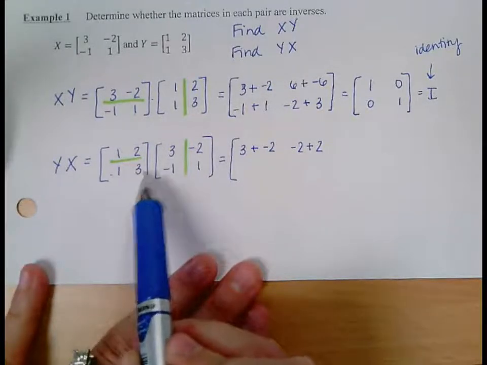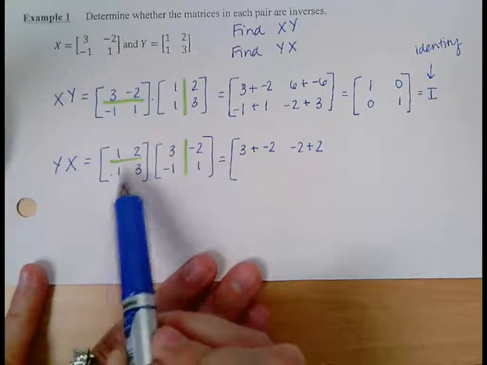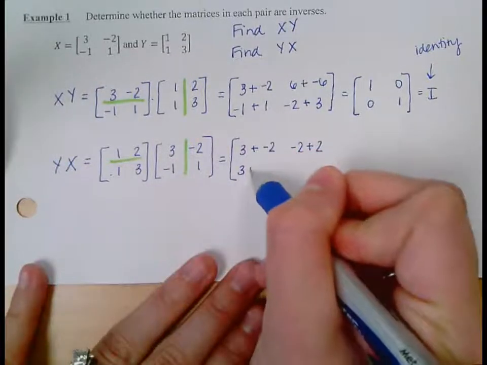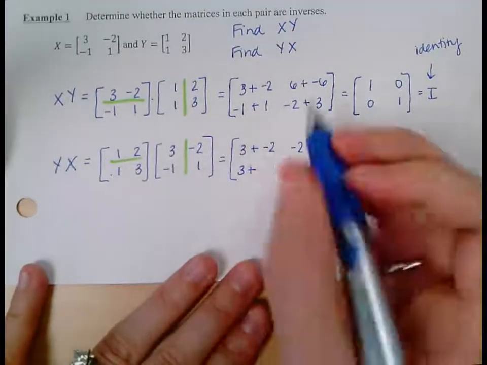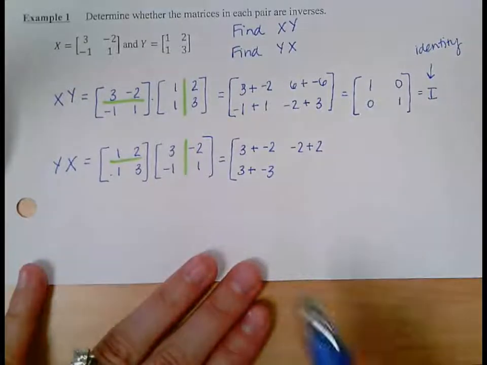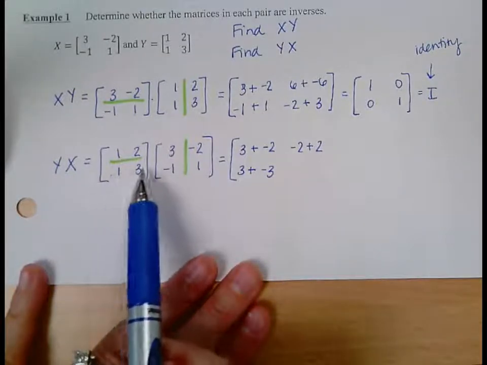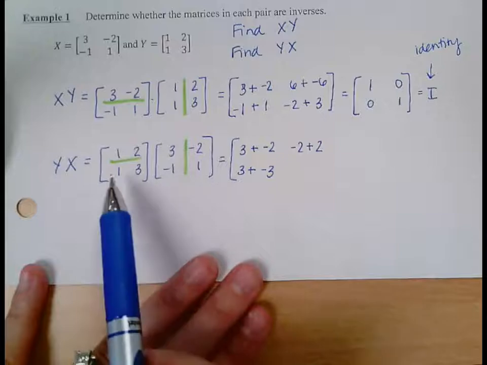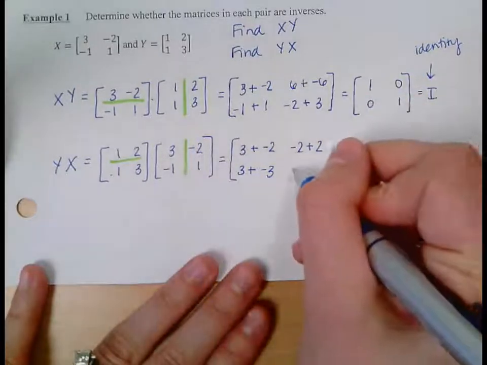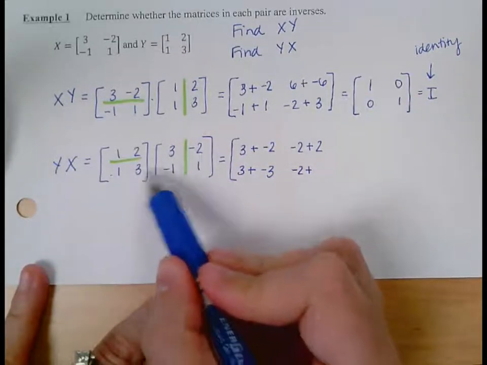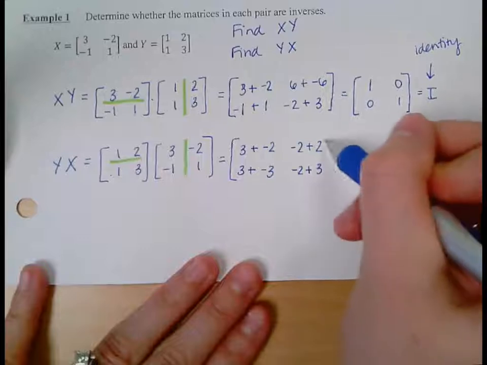And then row 2 by column 1 is 1 times 3 is 3, plus 3 times negative 1 is negative 3. And then row 2 by column 2, 1 times negative 2 is negative 2, plus 3 times 1 is 3.